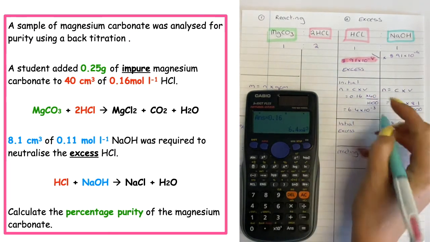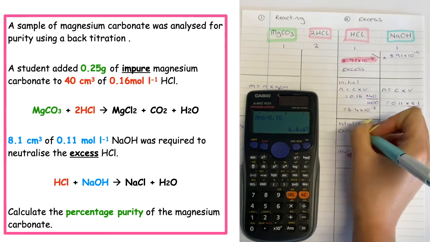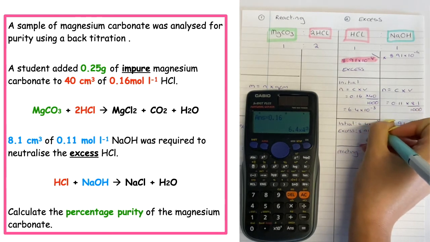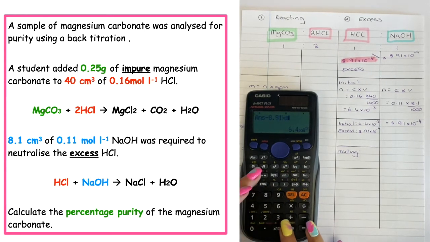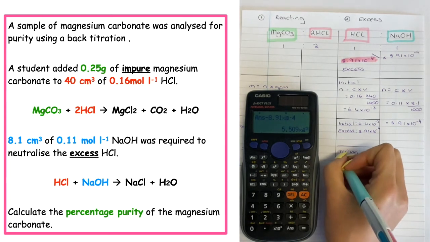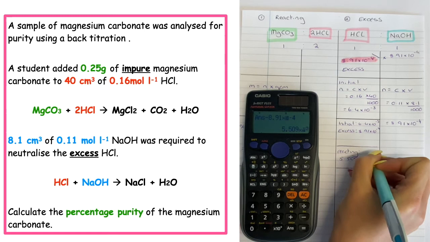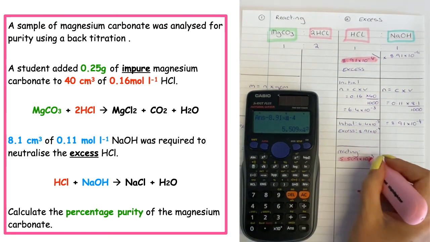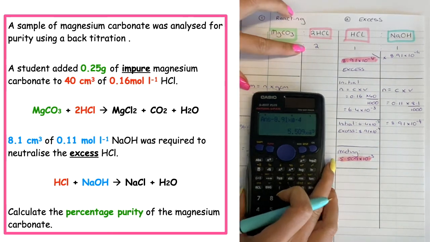That is our initial. 6.4 times 10 to the minus 3, take away 8.91 times 10 to the minus 4, and that will leave me with 5.509 times 10 to the minus 3. That is my reacting number of moles. So that is what had actually reacted with the calcium carbonate.